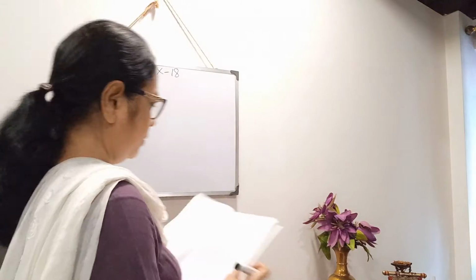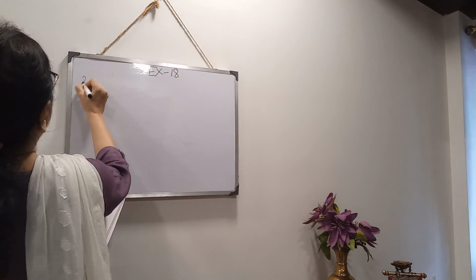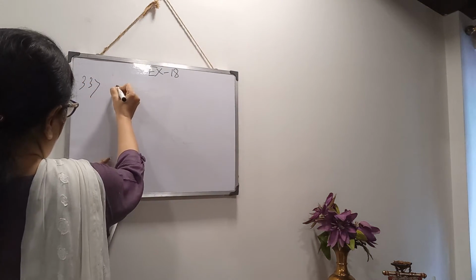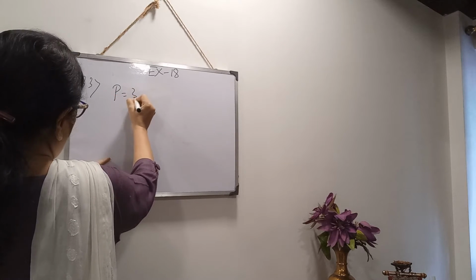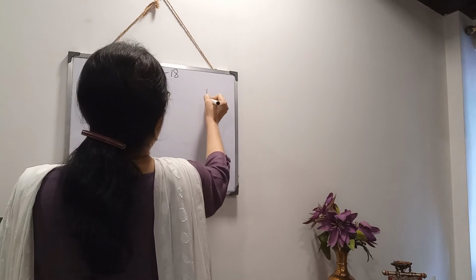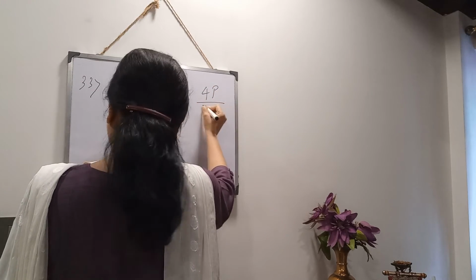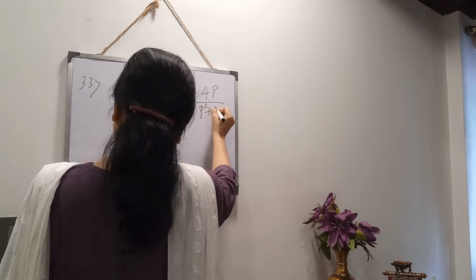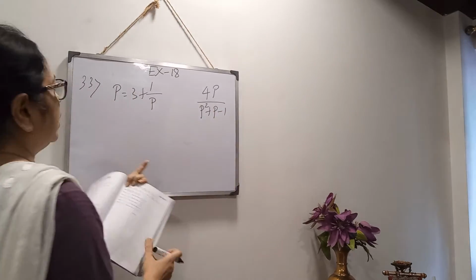Number 33. Given p equals 3 plus 1 by p. Find the value of this. Now here one difference is there.